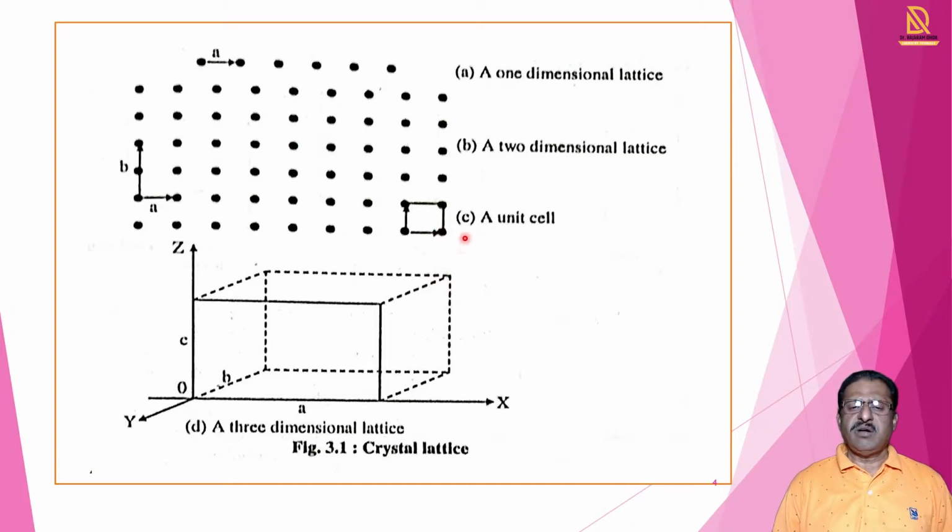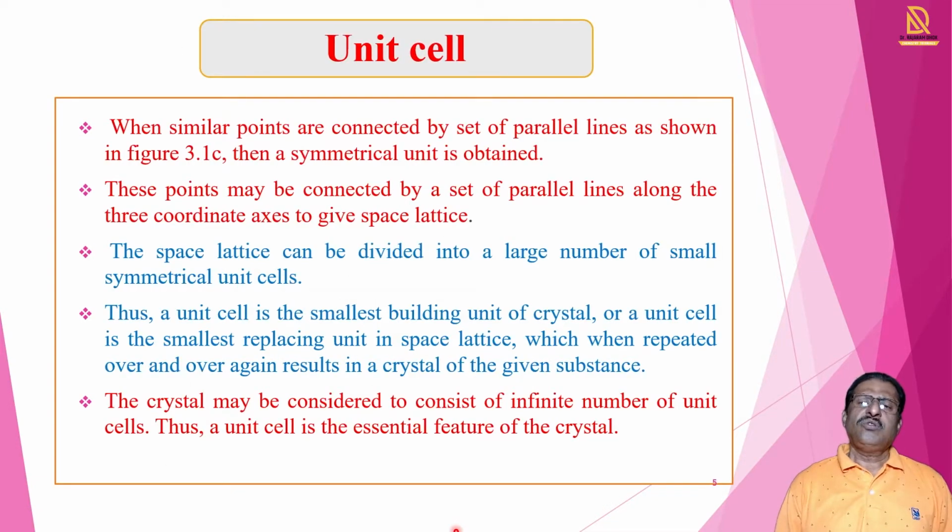Depending upon the attachment of ions in the different directions, along the x-axis, y-axis and z-axis, such unit shells are classified into different types. So we see what is meant by unit shell and then the different types of unit shells.